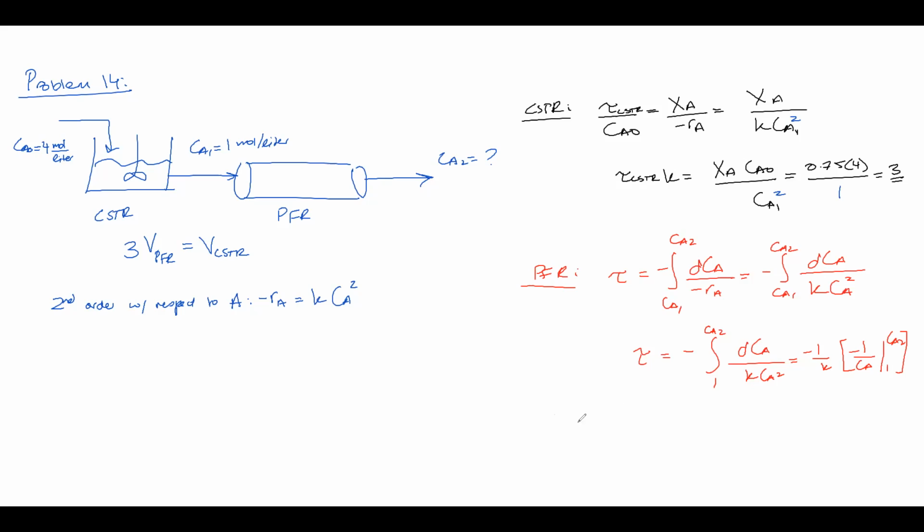We're going to take K to this side here. Let's write this as tau PFR K is equal to minus into minus 1 over CA2 plus 1, right?